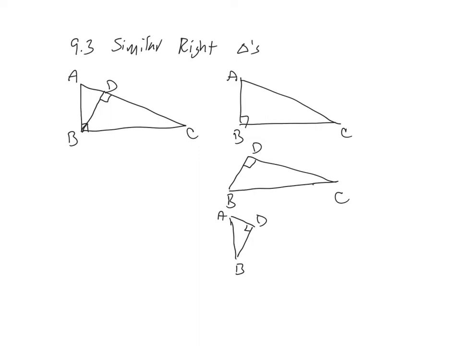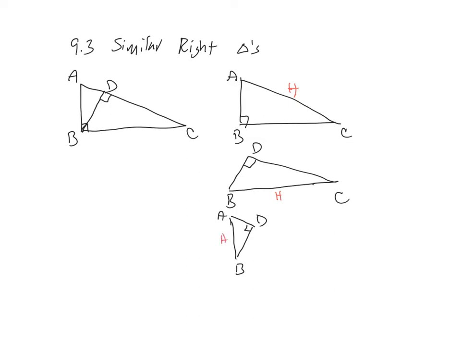So the trick, if you will, is that I like to label. We have the hypotenuse across from the right angle, so we have a hypotenuse here and a hypotenuse here.